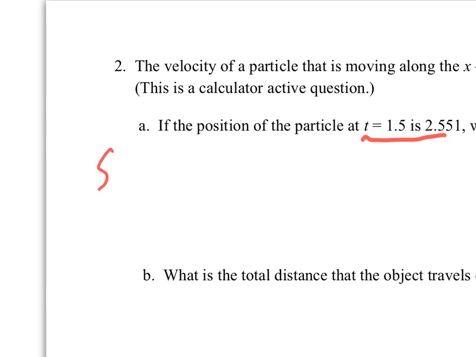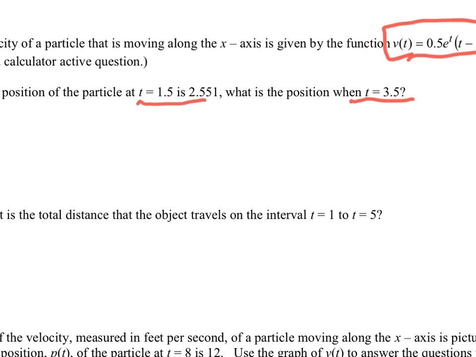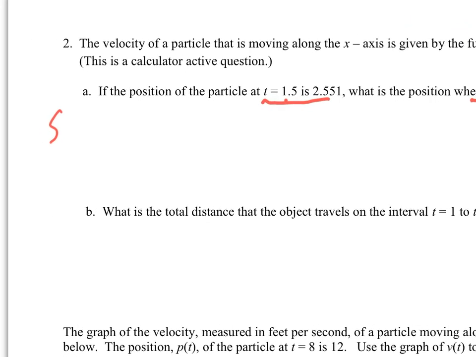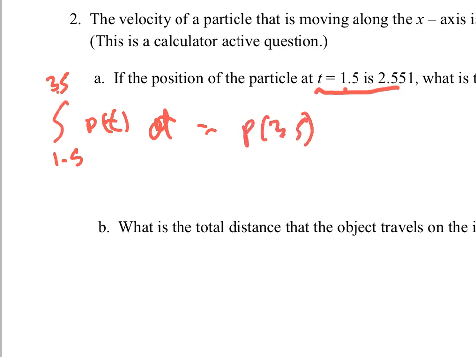I'm integrating, and the only numbers I have are 3.5, which I'm interested in, and 1.5. So wouldn't it make sense to integrate from 1.5 to 3.5? Because we know that's going to be p of 3.5 minus p of 1.5.